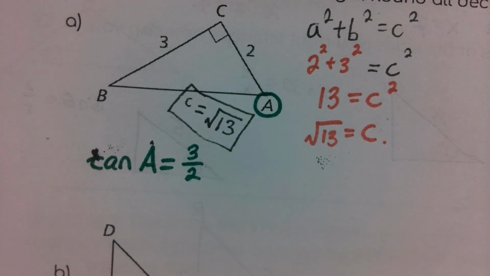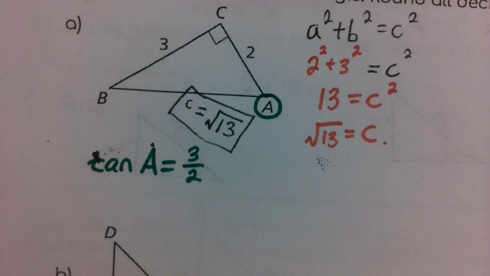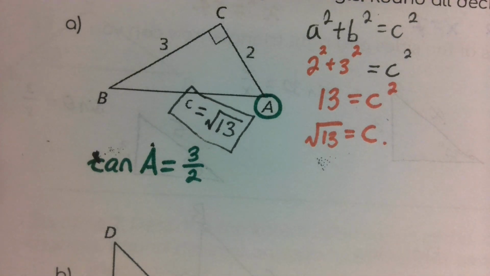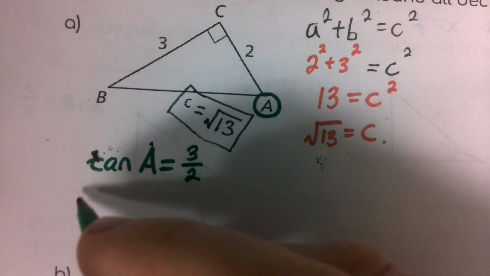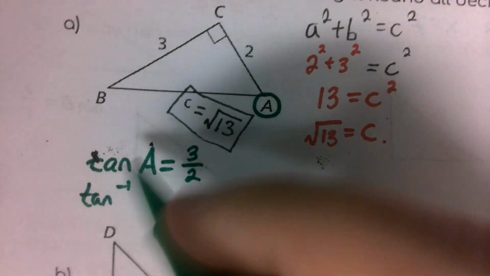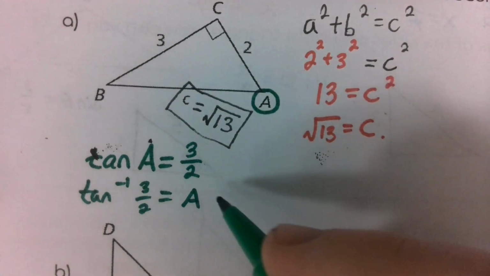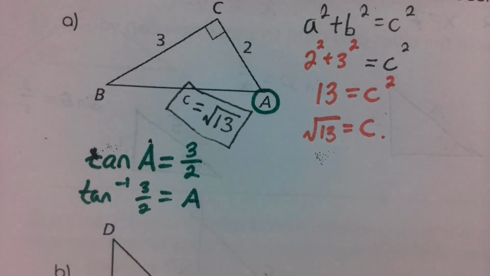That doesn't really give us an answer because we're trying to find the angle, not the sides. So we can use our regular trig function to make an inverse trig function and solve for angle A. To do that, remember that the inverse tangent of our ratio, 3/2, will equal our angle, A. This we can plug into our calculator.